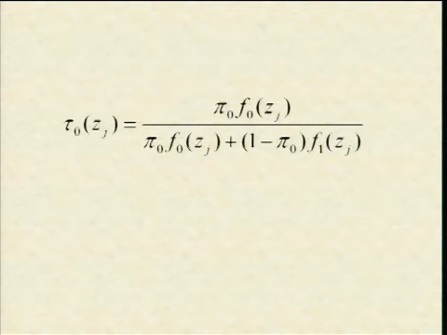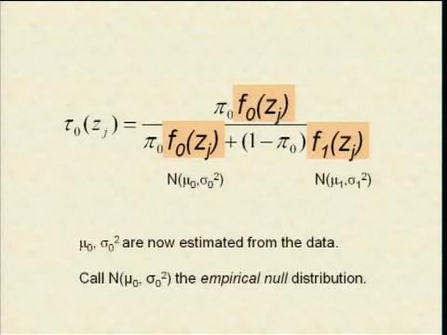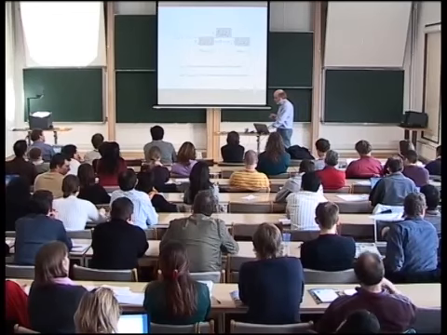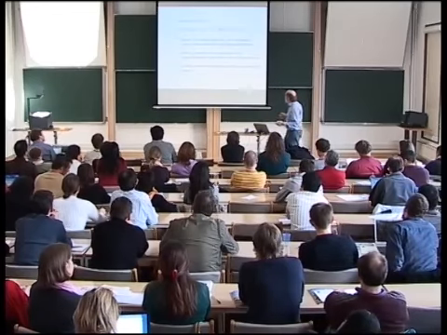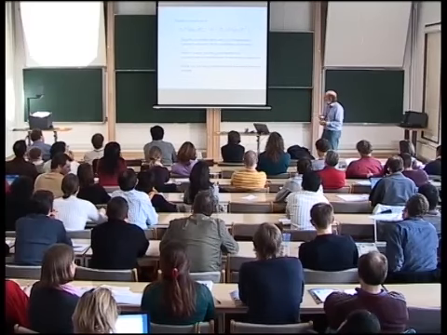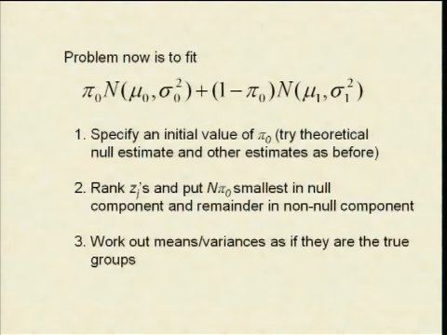And so we come back now to the problem of estimating the local false discovery rate. Now, instead of taking this to be a standard normal, all we do now is estimate the mean and the variance. So we've got to estimate this density here for a non-null gene, but now we're going to estimate the mean and the variance for a null gene. So it means that there's a little bit more work to do in fitting this 2-component mixture model.